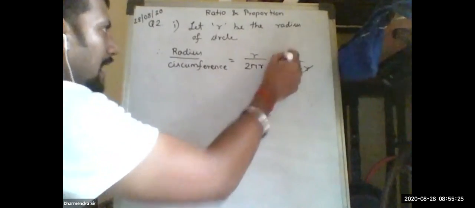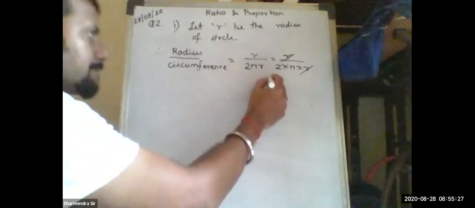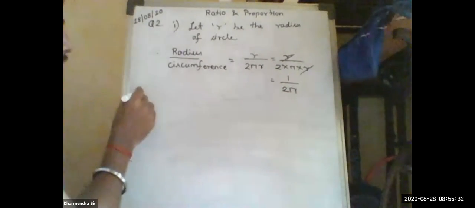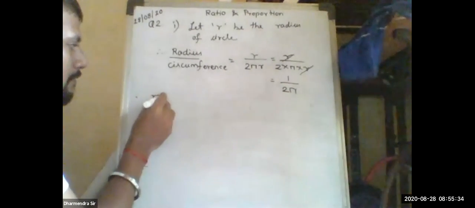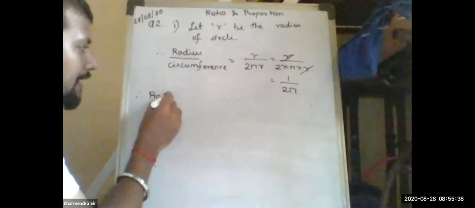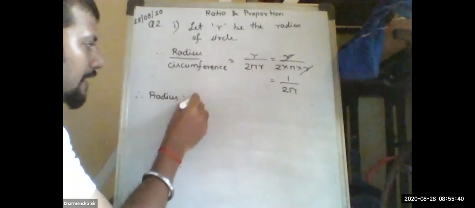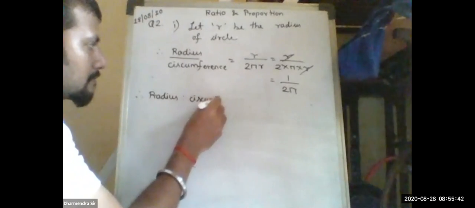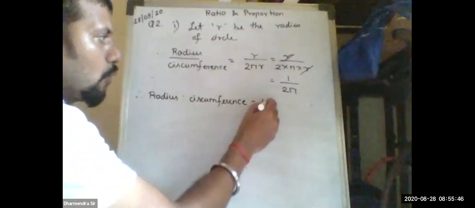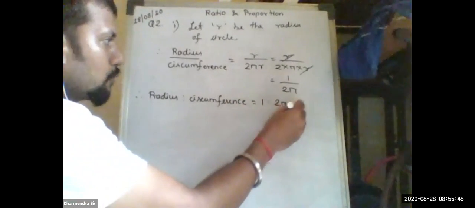You can cancel r. What remains? 1 upon 2 pi. So therefore, radius is to circumference is equal to 1 is to 2 pi.